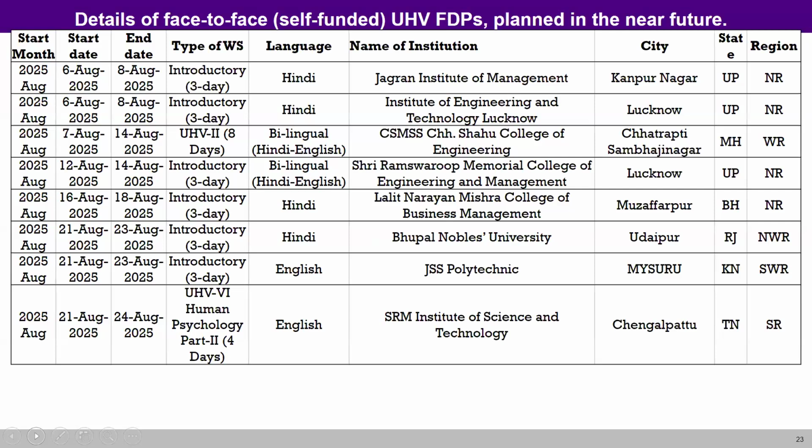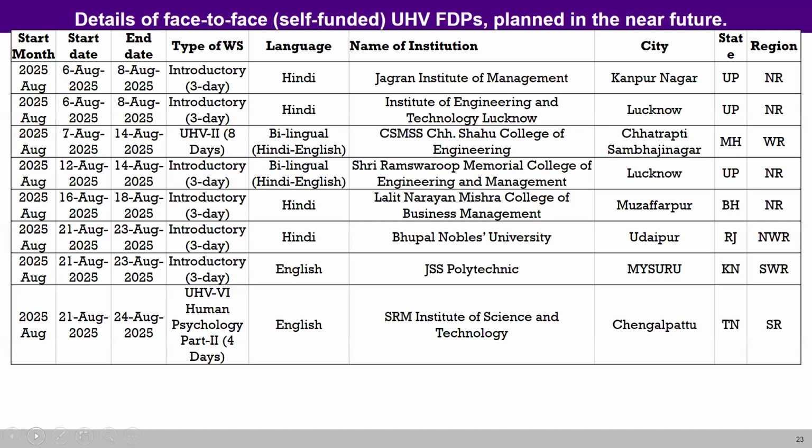Then from 16th August to 18th August, again an introductory 3-day workshop in Hindi at Lalit Narayan Mishra College of Business Management at Muzaffarnagar, Bihar. From 21st August to 23rd August, again an introductory 3-day workshop in Hindi at Bhupal Nobles University, Udaipur, Rajasthan.